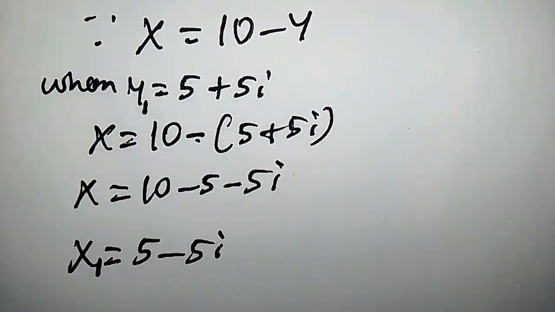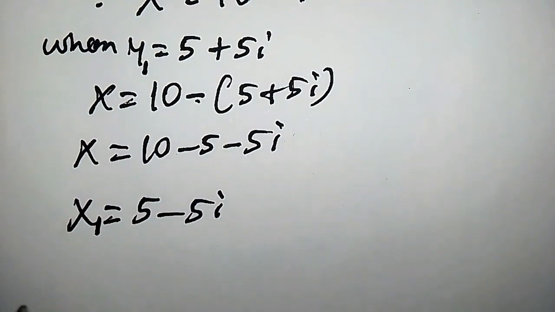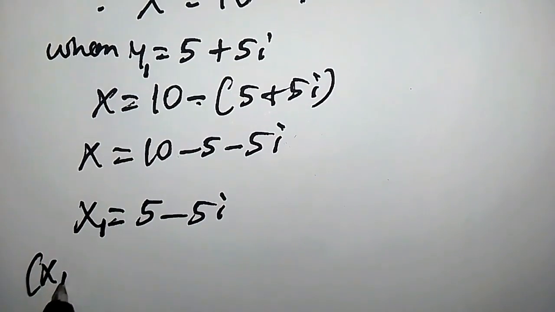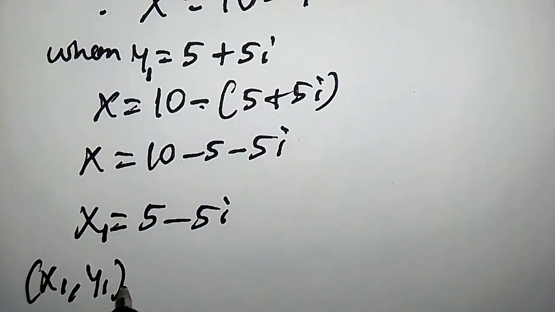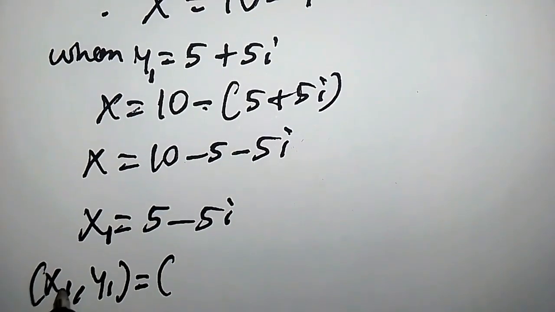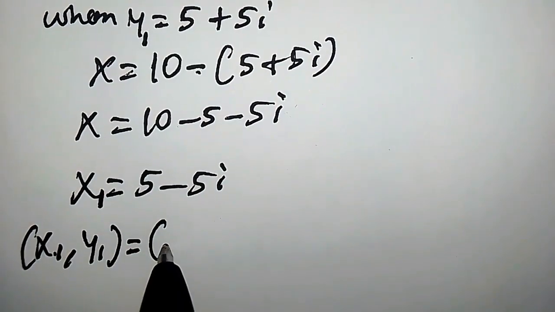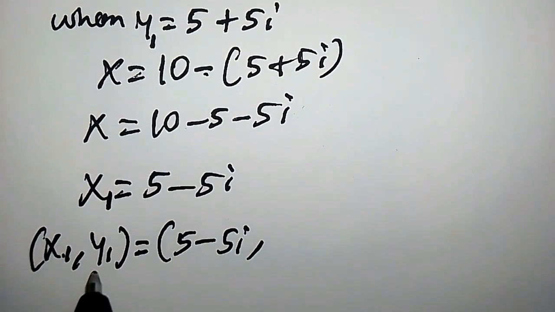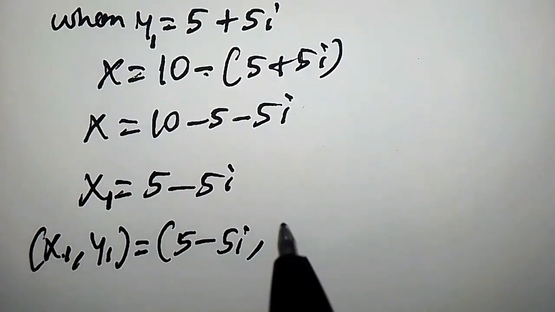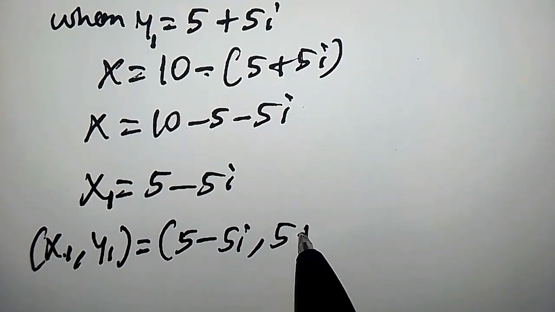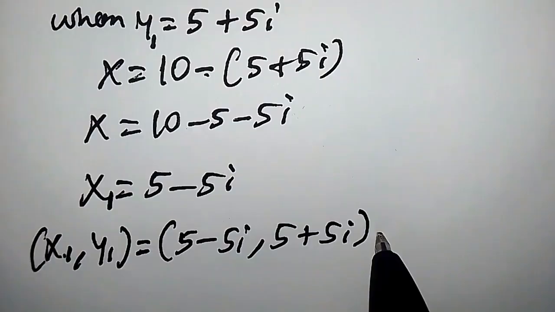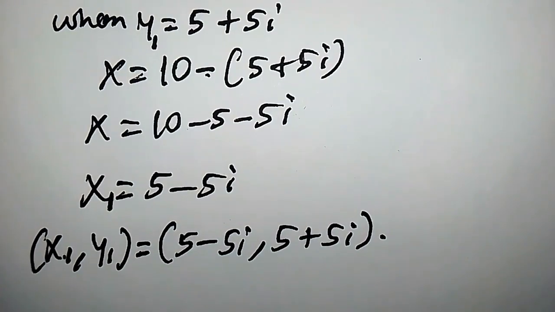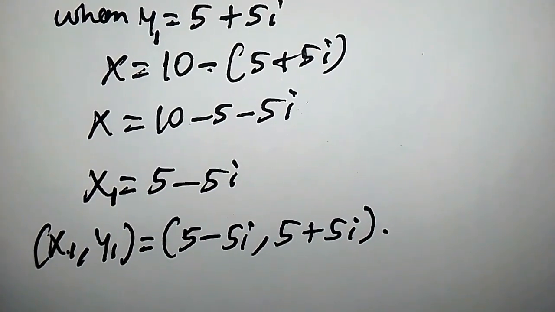This means that the first solution, x1 comma y1, is equal to what? X1 is 5 minus 5i, comma y1 is 5 plus 5i. This is the first solution that we have for this algebra problem.